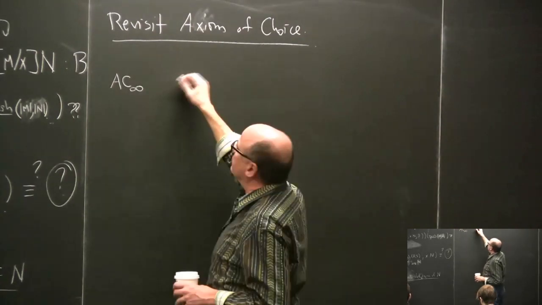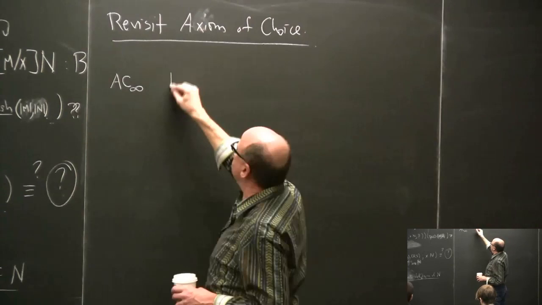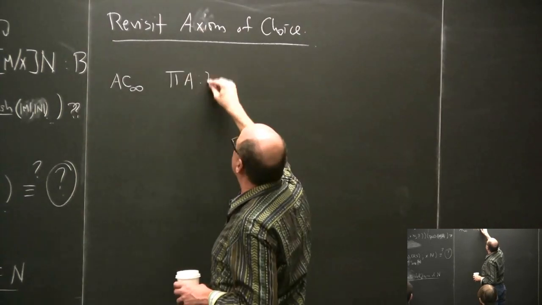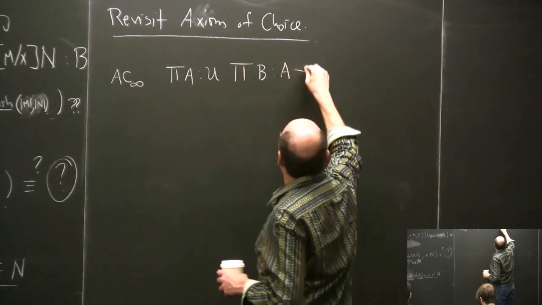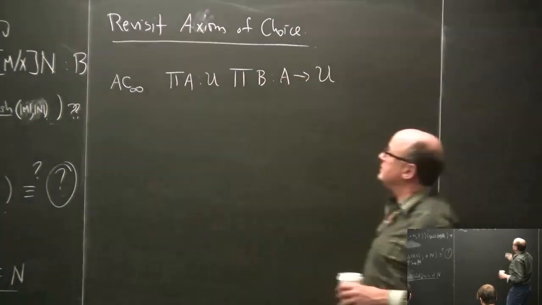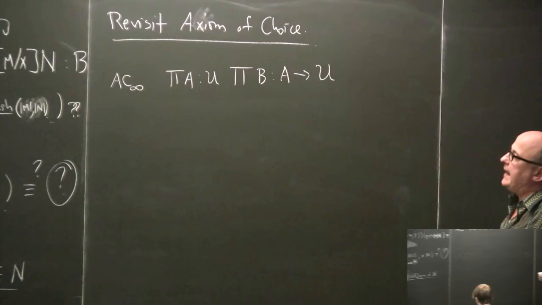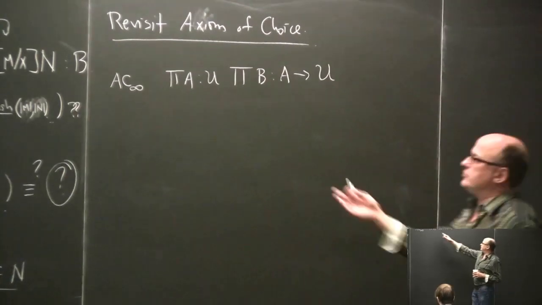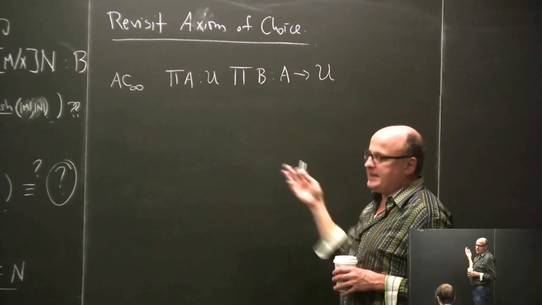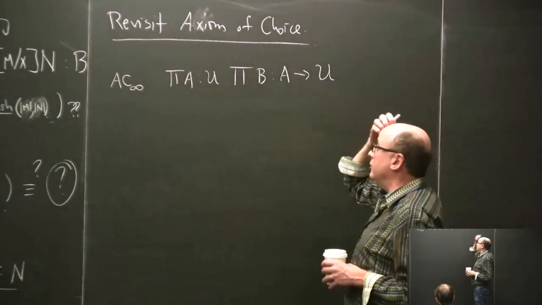It says, for any type, so I could really write it out, it gets a little heavy, but let me write it out once just so we can see this. For any types A and any family of types B, quantified like that. The AC infinity part says I'm making no restriction on A and B. These are arbitrary types. That's the idea of writing the arrow to U here.